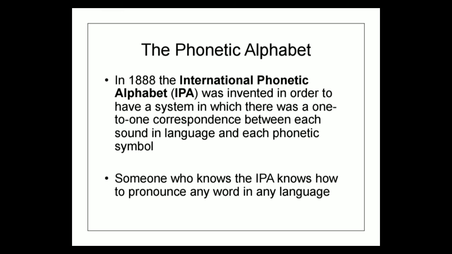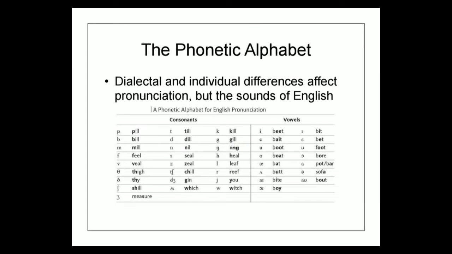Someone who knows the IPA knows how to pronounce any word in any language. The phonetic alphabet also has consonants, vowels, and diphthongs. The double vowel sounds are considered diphthongs.